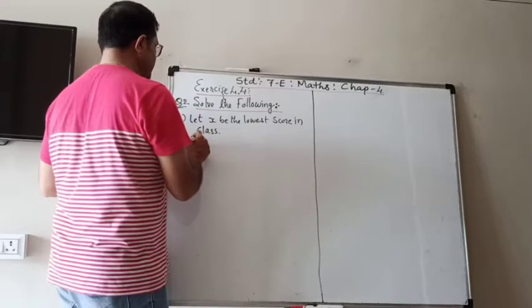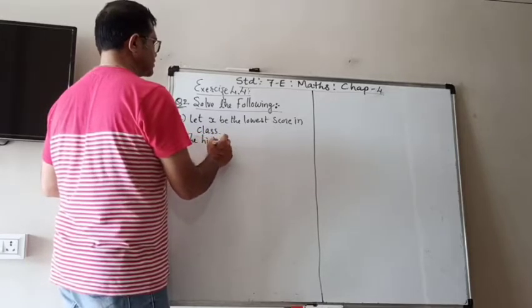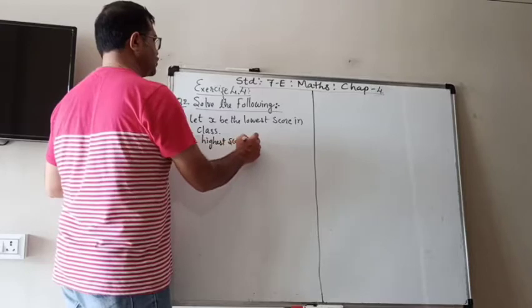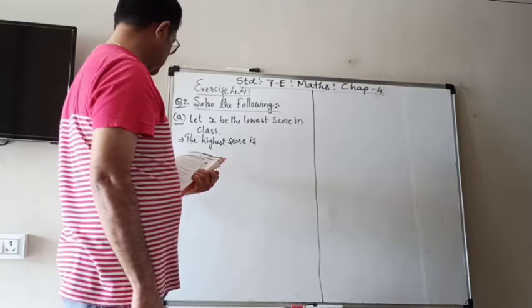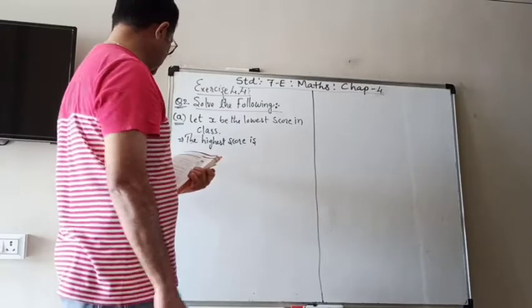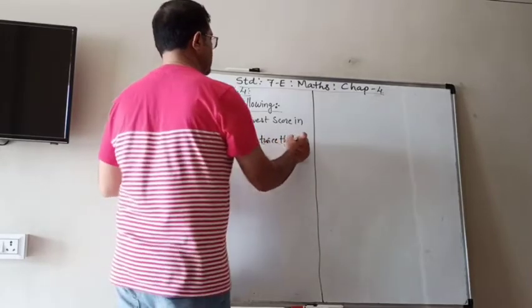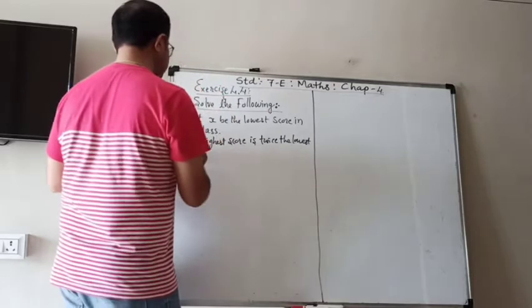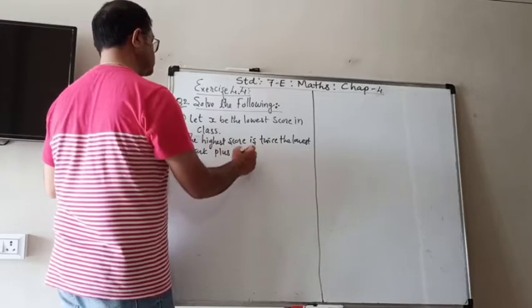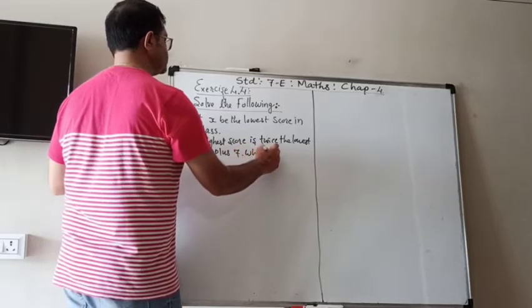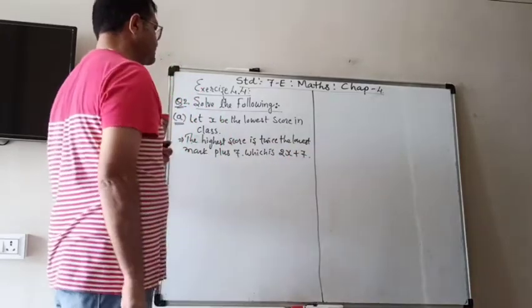Now it is given that the highest score is twice the lowest mark plus 7, which is 2x plus 7.